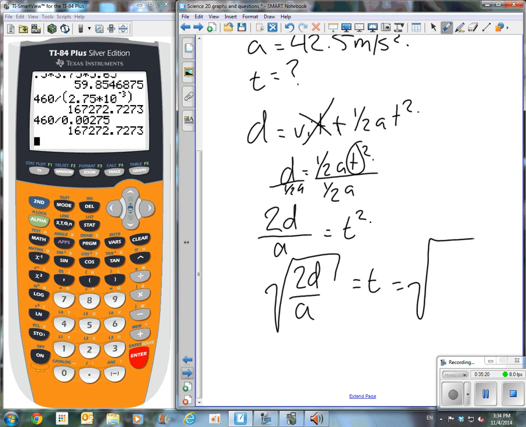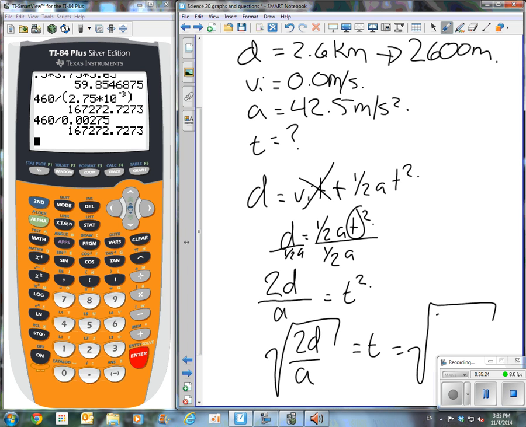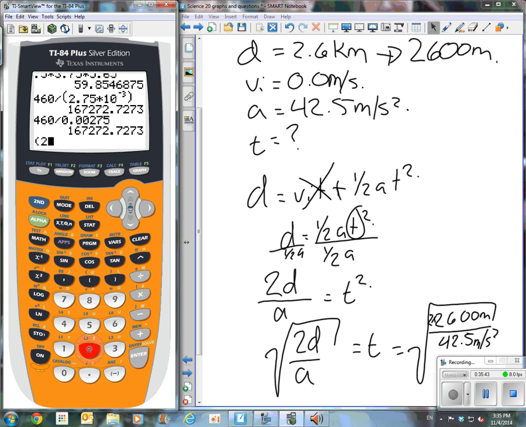So this is the square root of d, which was 2,600 meters, so this would be 2 times that number, all over 42.5 meters per second squared. I like to do my calculation first and then the square root after. So I'm just going to do 2 times 2,600 divided by 42.5.